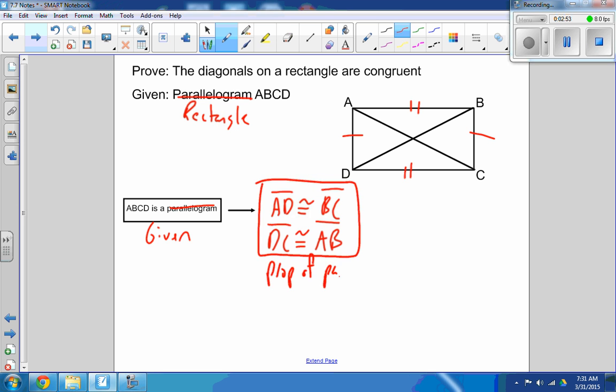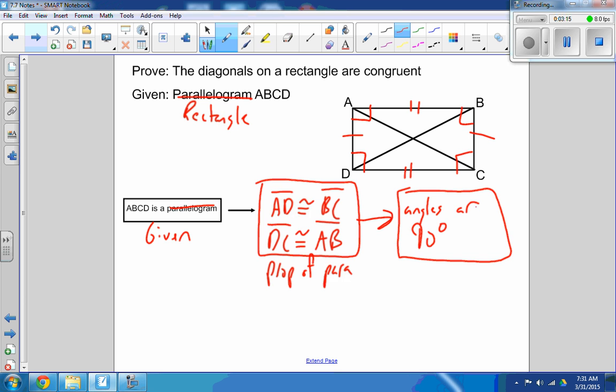Again, I'm abbreviating here. We then know, on a separate stream of thought, that all of our angles are 90 degrees. That is because it's a property of a rectangle.